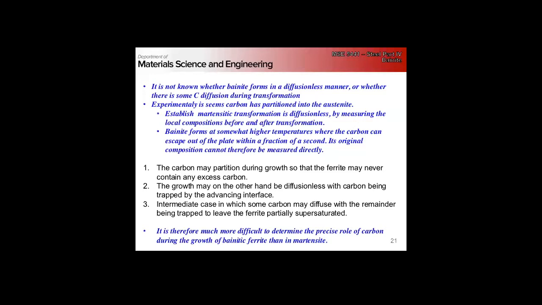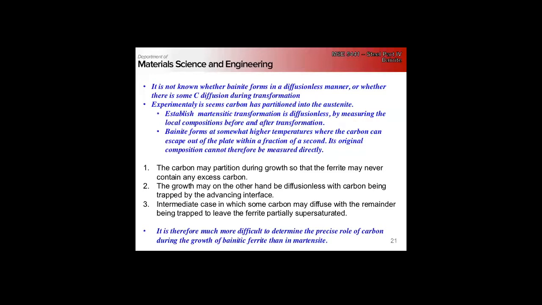And we know that the bainite reaction takes time, right? It's not instantaneous like martensite. So what we can't do is measure the original composition and post-formation composition in situ, right? So we don't really understand the precise role of carbon.